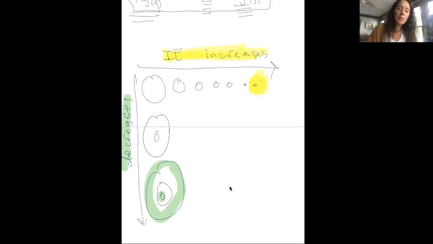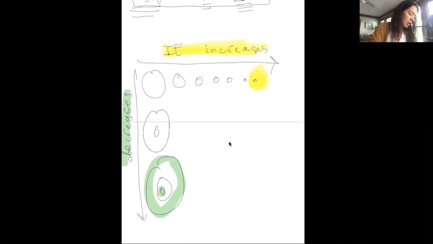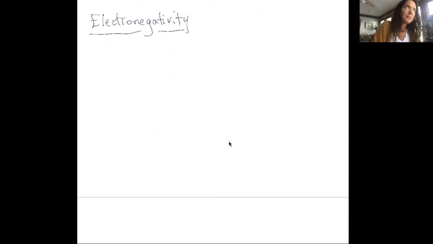Let's look at the last one, and it is not going to be electron affinity. I don't prefer to do that, but something more important is electronegativity. Very similar to electron affinity.